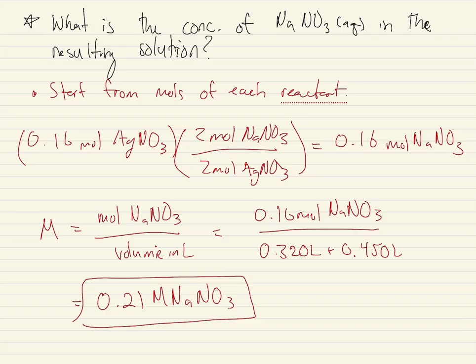So the moles of that solute, sodium nitrate, are in a total volume of the sum of the 2 volumes. That was 0.32 liters plus 0.45 liters. You plug that in and you get a concentration of 0.21 molar sodium nitrate.